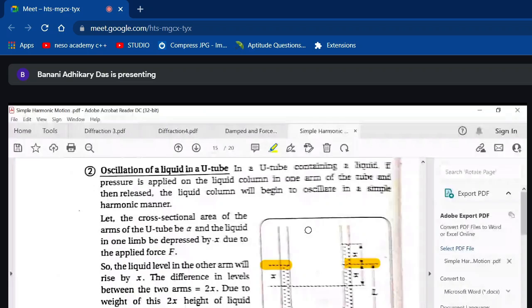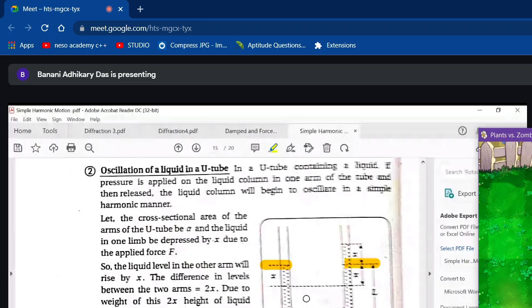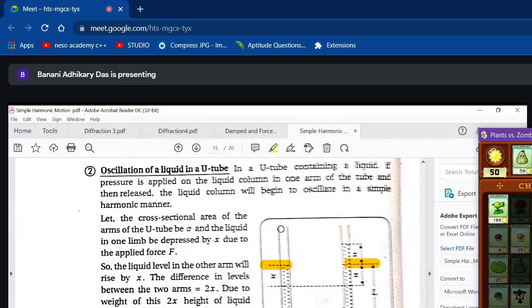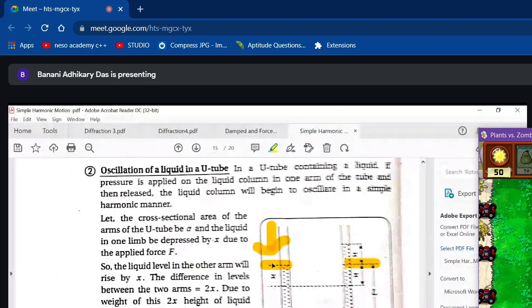Now let the cross section be alpha. If you give a deforming force to this, then the liquid height will depress, and if it gets depressed by say x, then the other height will increase by x.